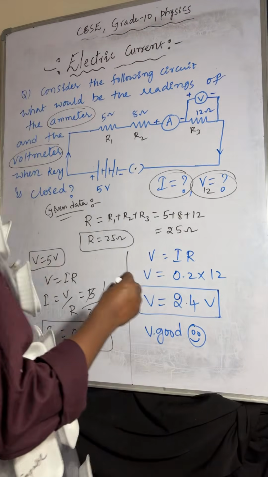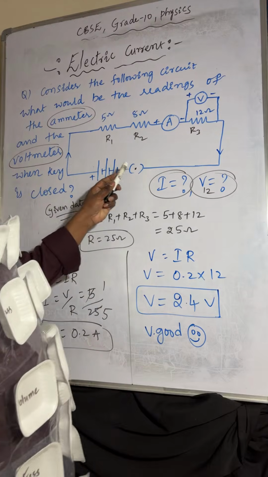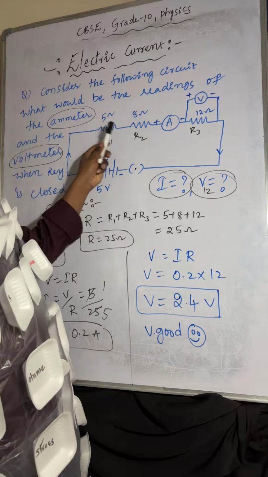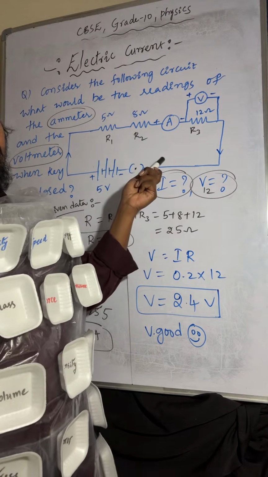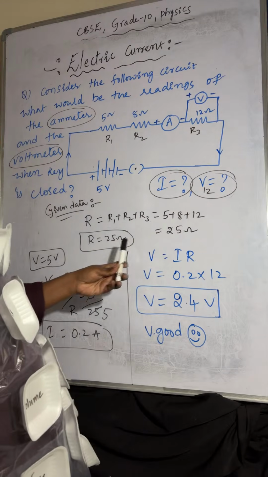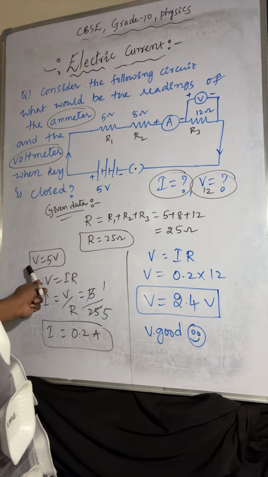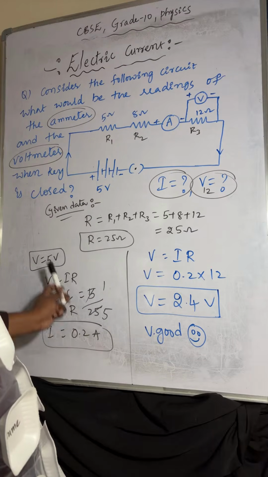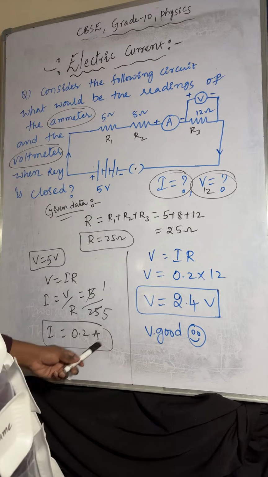So check once again. The key is closed, so for total resistance, the 3 resistors you have to add. So 5 plus 8 plus 12, 25. The potential difference is given, V equals IR, I equals V by R, 5 by 25, so 1 by 5, 0.2 ampere.